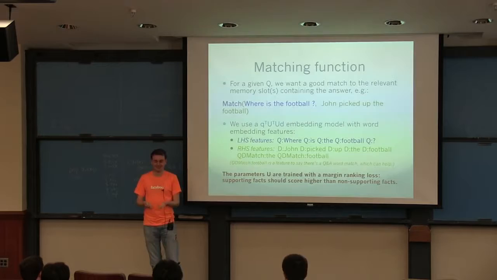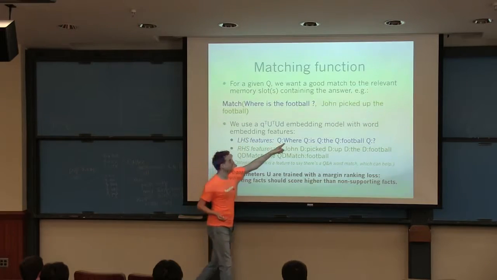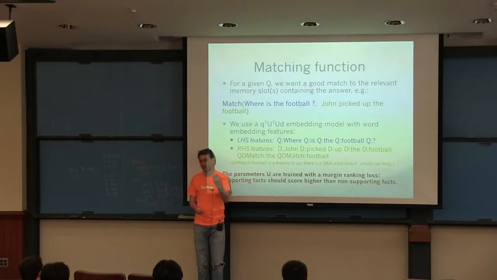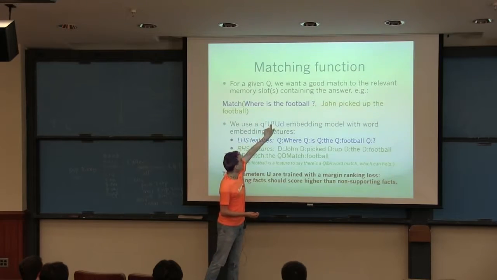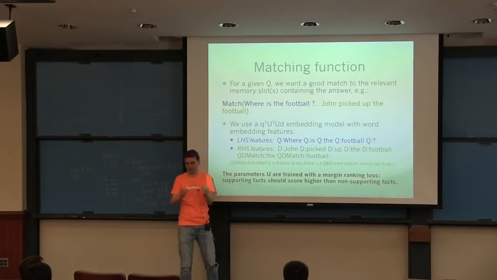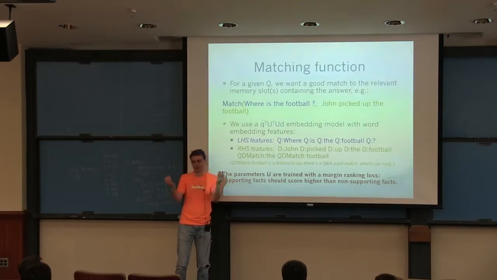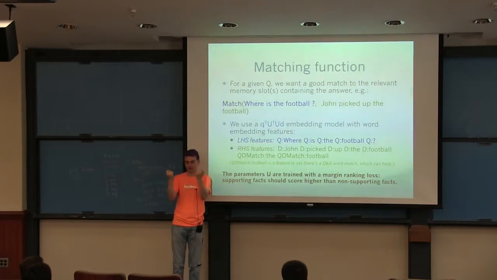It's exactly taking the word embeddings of each of these words and summing them, and that's your representation of the question. That's the Q U^T bit, and then you do exactly the same on the other side. You have the representation of the memory, you get those word embeddings, you sum them.